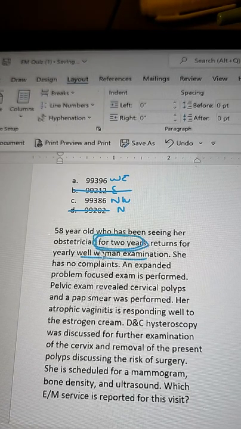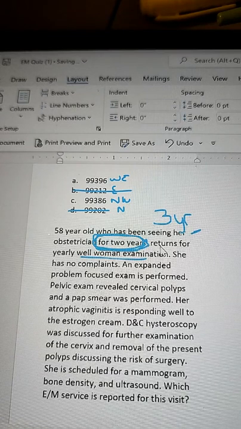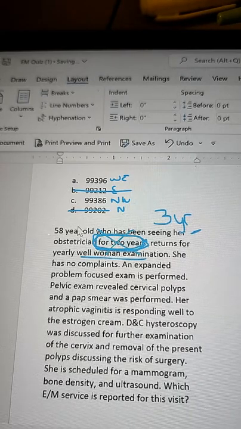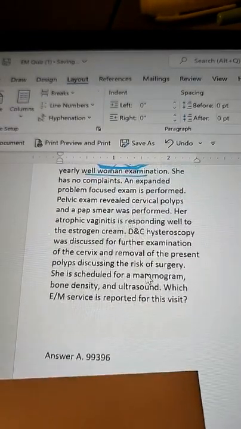Remember, how many years does it need to be before we call them new again? We need to have 3 years go by. So that keeps us at established. Yep. We are A.